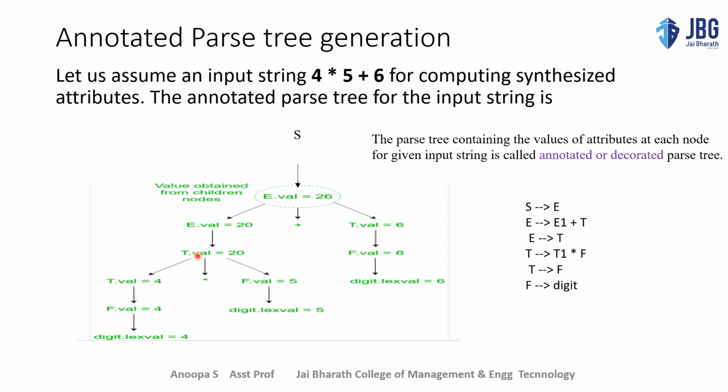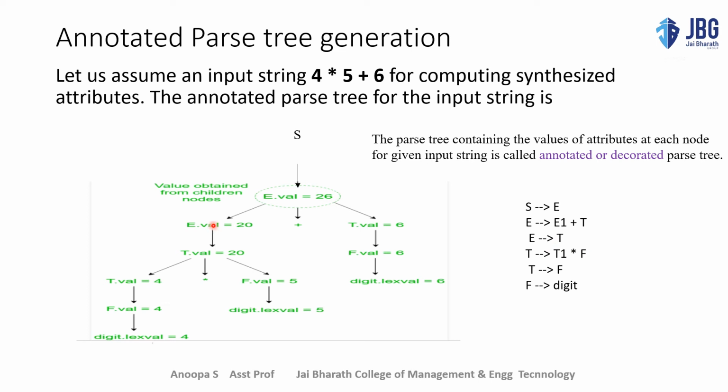Now I got T dot val here. Here I have the multiplication operation. Then here again F dot val. I will get F dot val only from digit dot lexval, so I got F dot val as 5. Here I will perform 4 into 5, 20. Then this 20 is assigned to E dot val by this rule, E dot val giving T dot val.